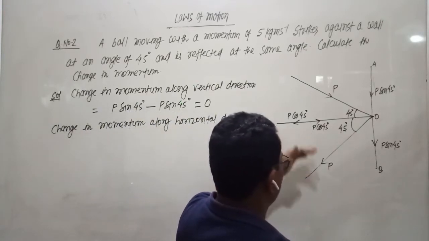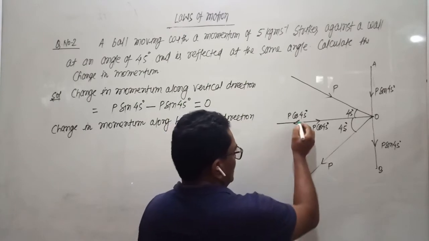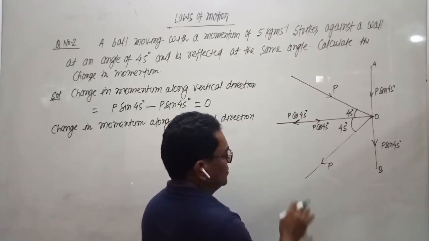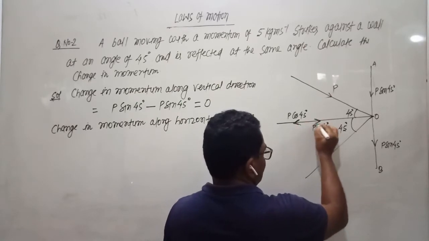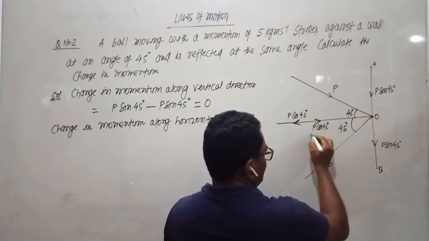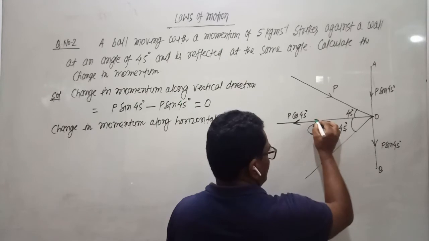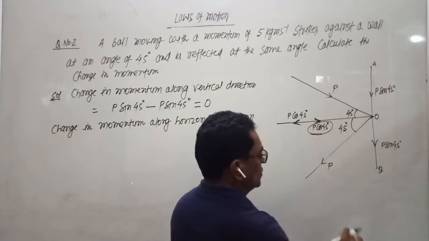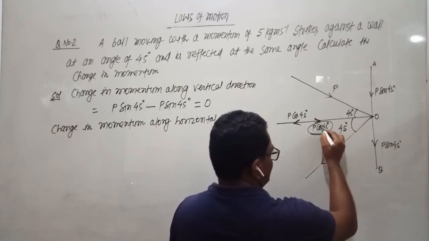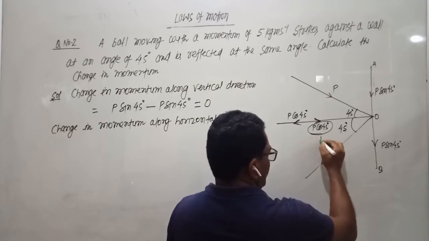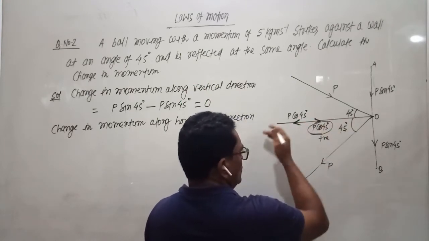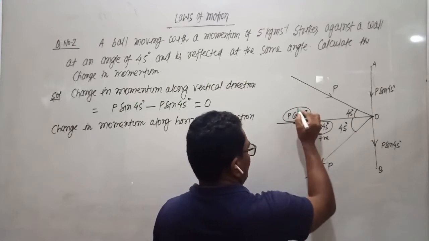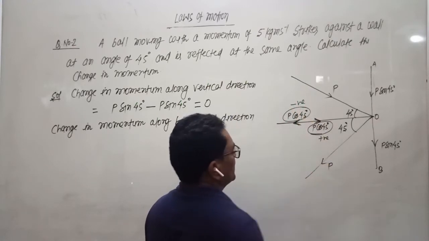If we take the components of momentum, the one going inward and the one going outward have opposite directions. So when we take the component which is going inward towards O as positive, then the component which is going outward will become negative.